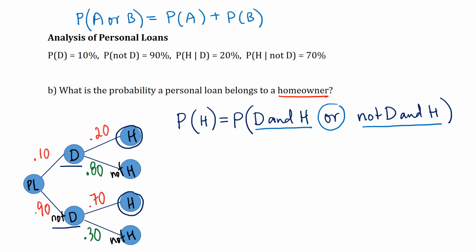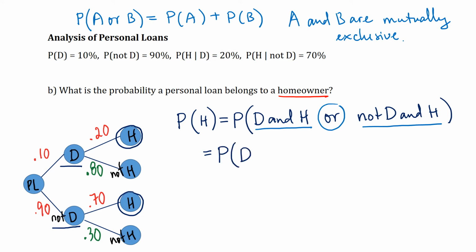And so here A and B are mutually exclusive. Or we may say disjoint. So using this law of probability, the next step is the following.